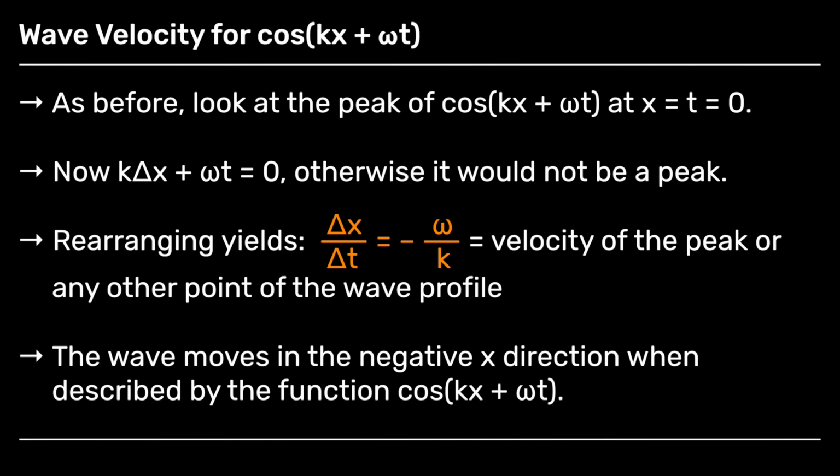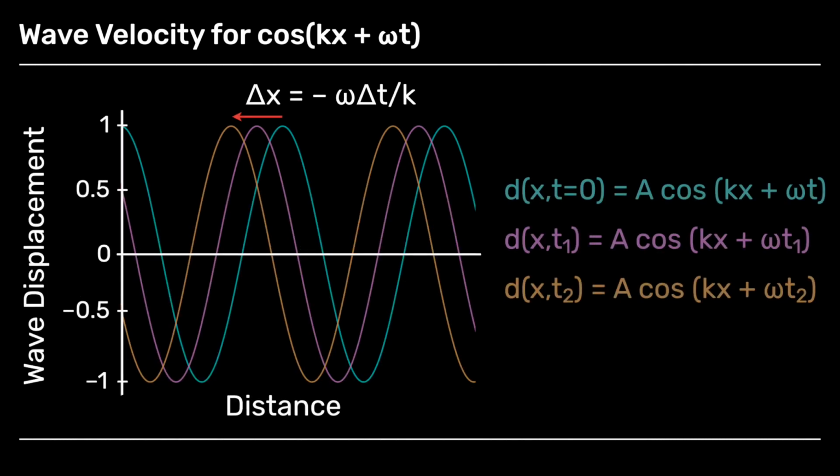This is the velocity of the peak or any other point of the wave profile, but now moving in the negative x direction. And you can see that clearly in the motion of the cosine wave, which I've plotted here for you in the form of the displacement shown by the red arrow.